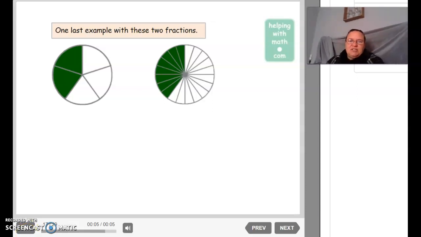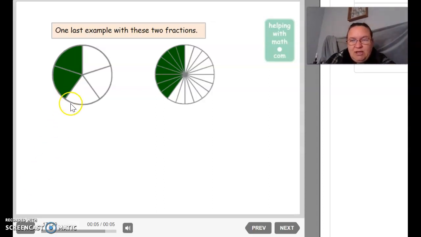Again, it's very difficult by just looking at the picture, guys, because they might look similar, but they may not be. So we need to be more accurate than that. In this case, we've got to work out what is the fraction. 1, 2, 3, 4, 5, and 2 are colored in. So it's 2/5. And then here we've got, I'm going to start on the first white one. 1, 2, 3, 4, 5, 6, 7, 8, 9, 10, 11, 12, 13, 14, 15, 16, 17, 18, 19, 20.